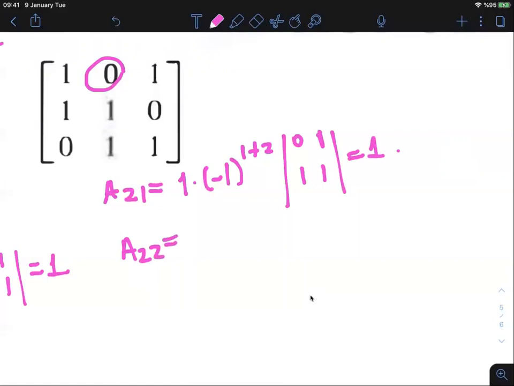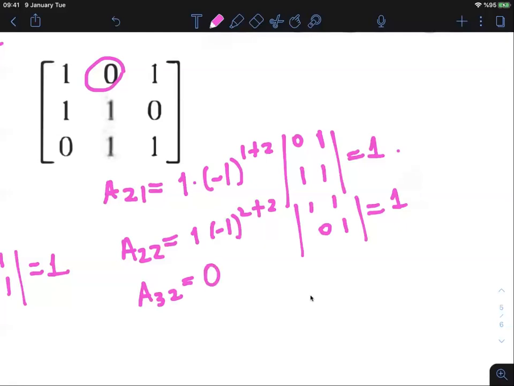A22 is again 1 times minus 1 to the power 2 plus 2. 1, 1, 0, 1. This is again 1. So I'm suspecting that all of these guys are 1. No, A23, I'm sorry, A23 is 0.